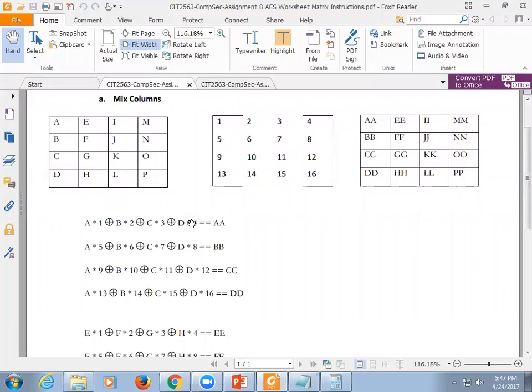So basically, the way matrix multiplication works is you take A times 1, XOR that with B times 2. So you're taking this left column times this top row, this entire left column times this entire top row just to get this one value. How do you do the rest? 'Cause that's what I got.